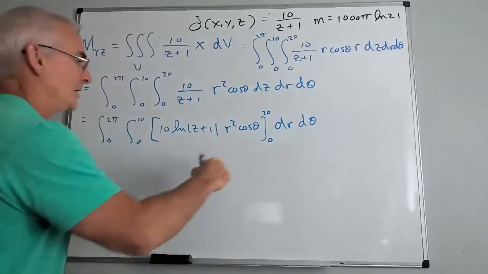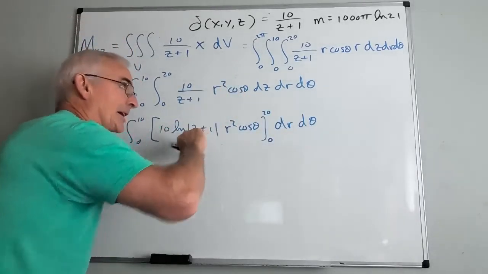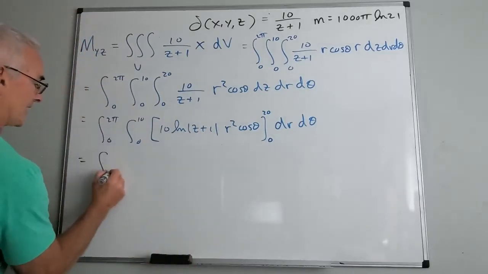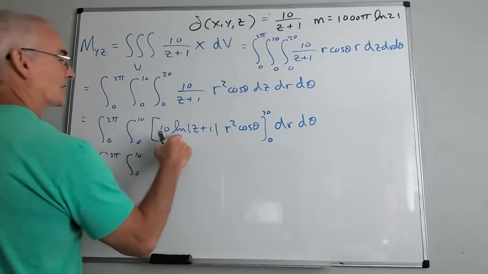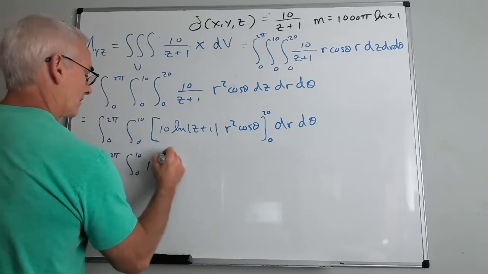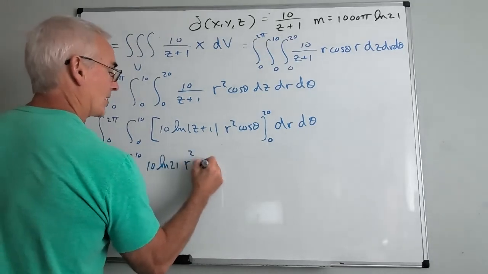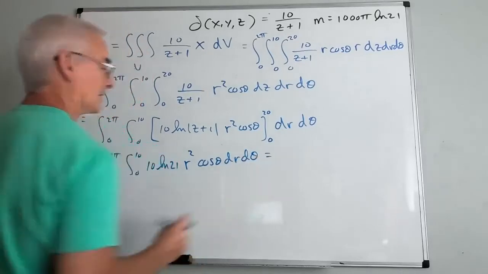When I evaluate at 20, I get log 21. When I evaluate at 0, I get log 1, which is 0. So we'll just take advantage of that now. So this is 10 log 21 r squared cos theta dr d theta.